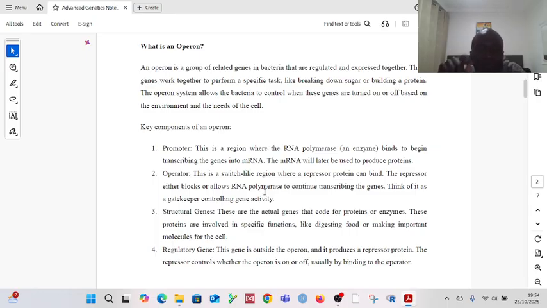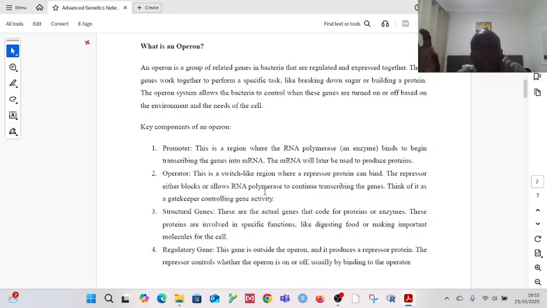This gene, most of the time, is located outside the operon. It's not part of the genes found within the operon. But it is that gene that produces a repressor protein. Once that gene has produced the repressor protein, that repressor protein ndio itakuja ibind kwa operator. So the repressor protein will control whether the operon is either on or off.